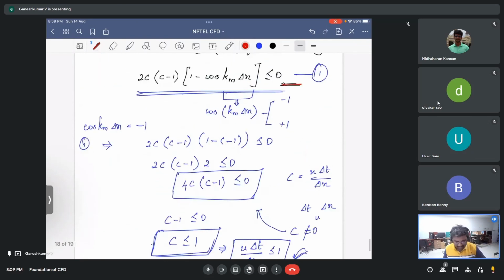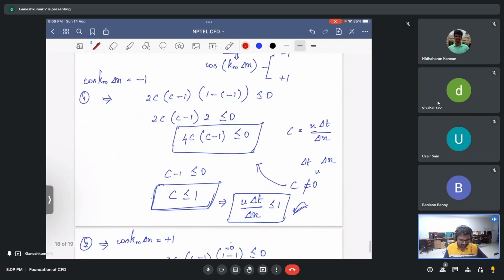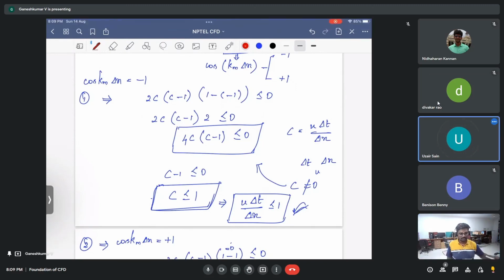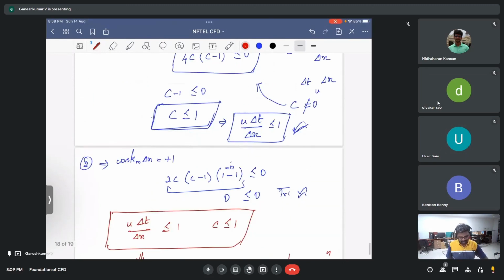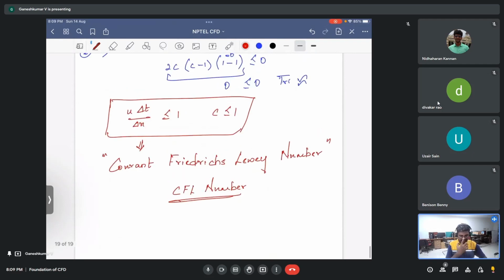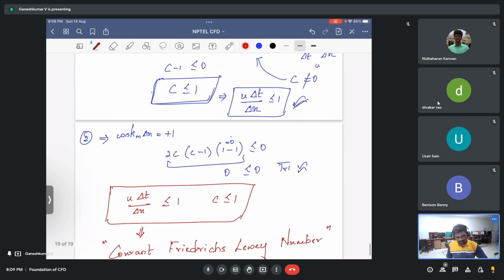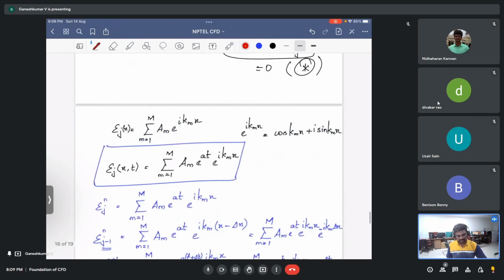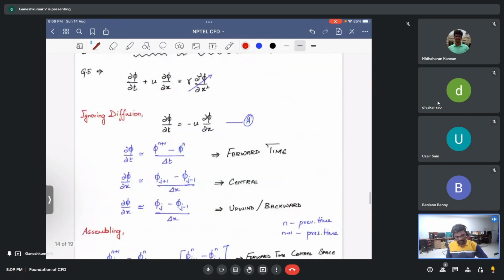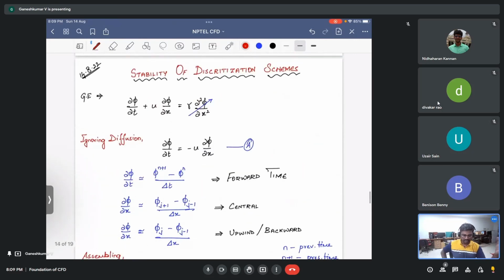So, is it clear how we arrived at this condition? Is this clear, everyone? Yes, sir. If this is clear, you can always do this for each and every term. For the diffusion term, it's already been done in the lectures. We might have derived a condition like d should be less than or equal to half.